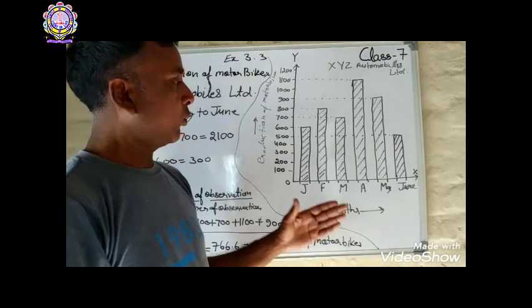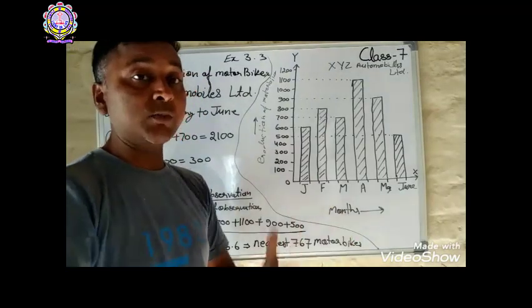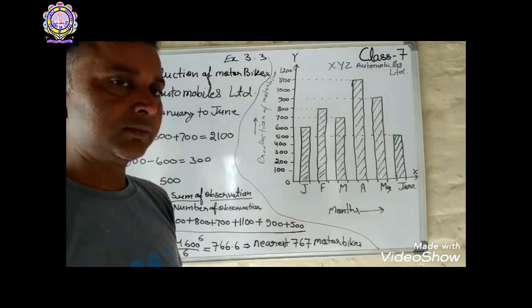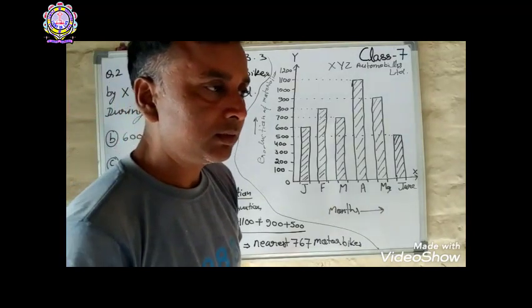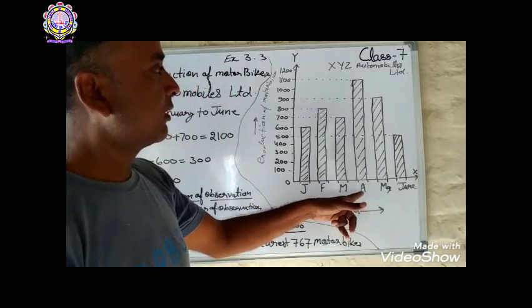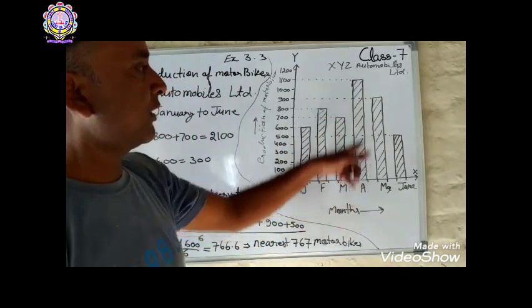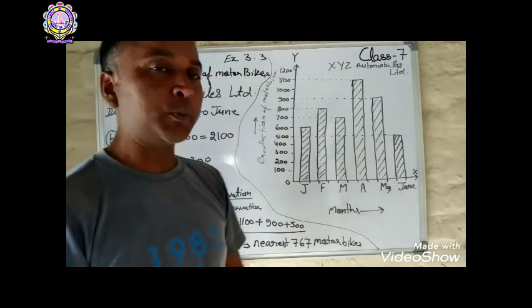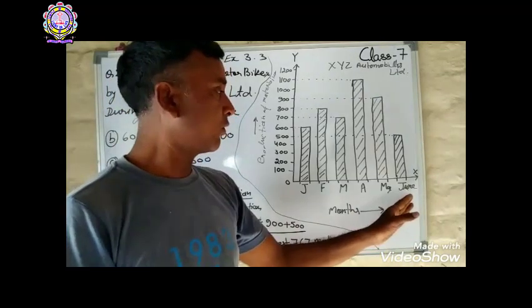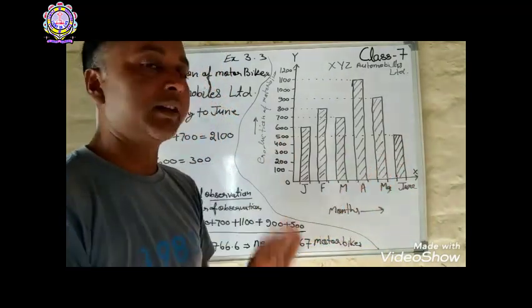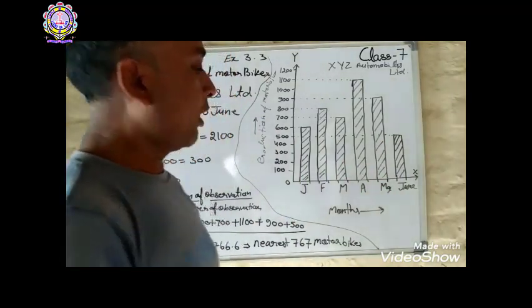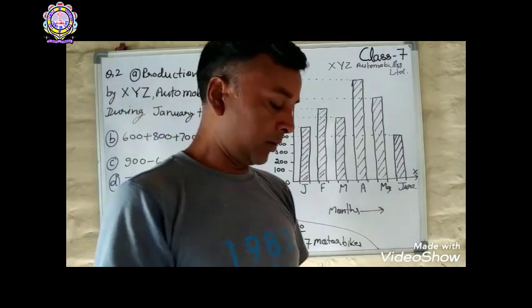So, which month has maximum production? Yes, you observe April. And which month has the least production? Of course, June, that is 500 bikes. Okay, so this is the graph. Now, come to the point of the question first.